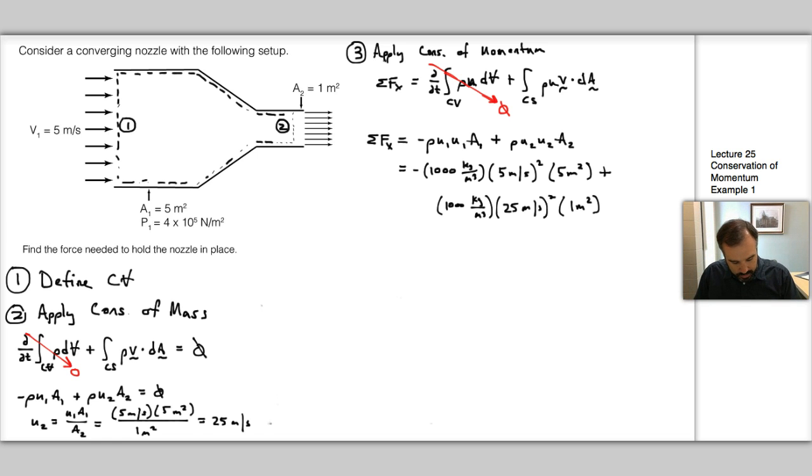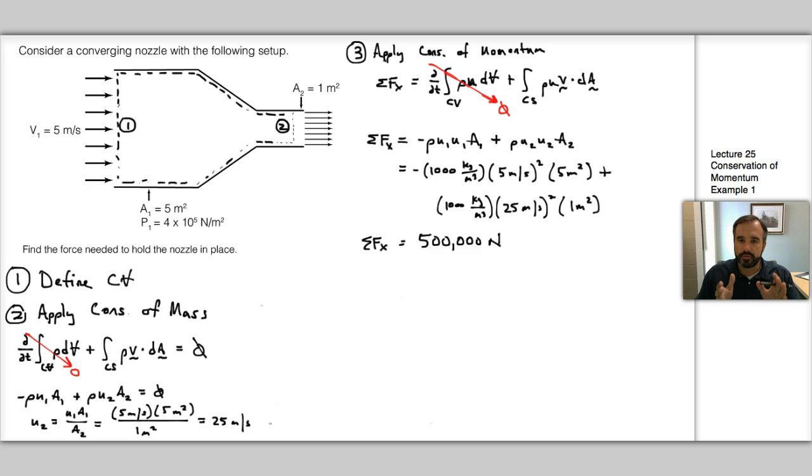We plug that into our calculator and get an answer. The sum of the forces in the x direction is going to equal 500,000 newtons. And that's our answer for the sum of the forces in the x direction.